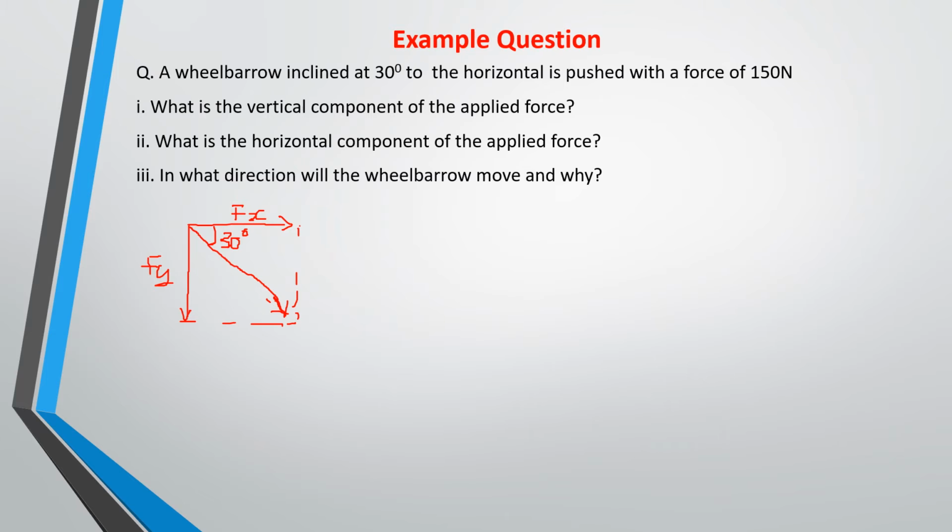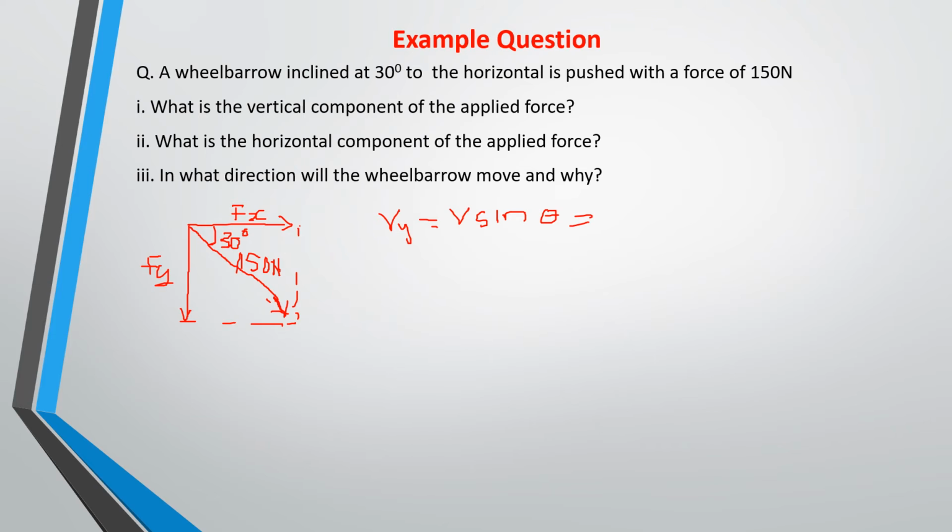So they said that the force that is pulling it is 150 Newton. So they said, what is the vertical component of the force? The vertical component of the force, which is Vy, is equal to V sine theta.